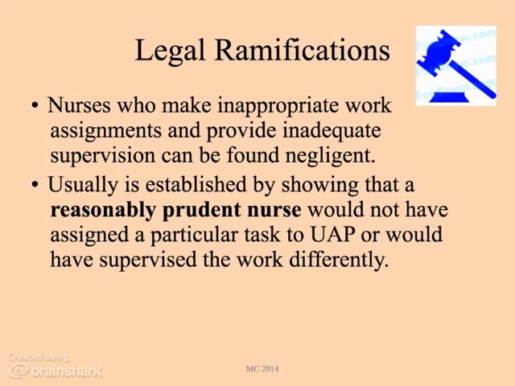Now, there isn't a reasonably prudent nurse out there who would do that. So in that case, the nurse who actually allowed the UAP to do that would be found negligent. There's other things that go along with whether or not somebody can be found negligent or be sued, and that's in another lecture, but we won't go into that right now.